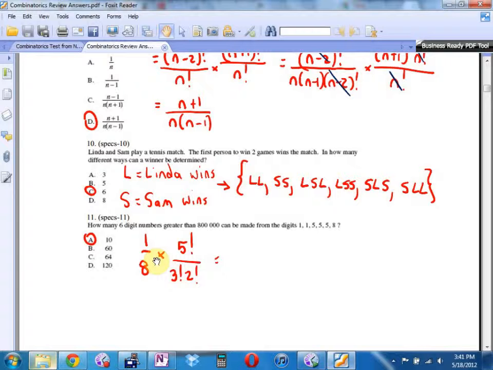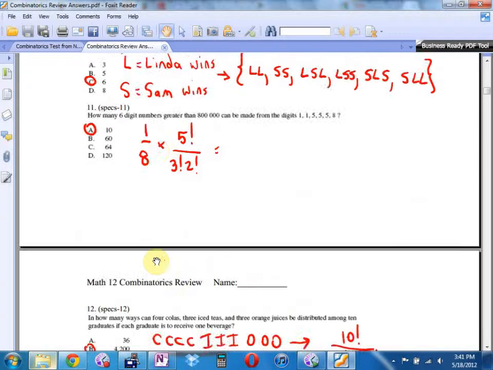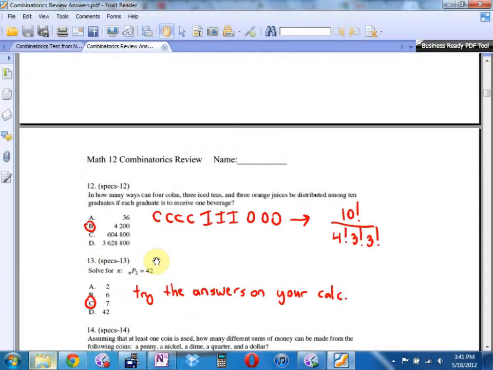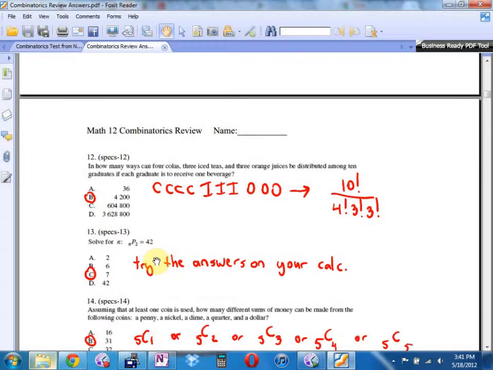Any other weird ones? Sure. Fundamental counting principle would say you're making a total of 3 decisions, but you're not making 3 decisions. There's 10 people. See the difference? This would be if you had those 3 choices and you were picking one drink only once. How many choices would you have? 4 times 3 times 3. So that would be if you were picking 1 cola, 1 iced tea, and 1 orange juice.